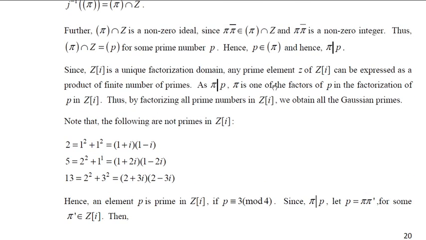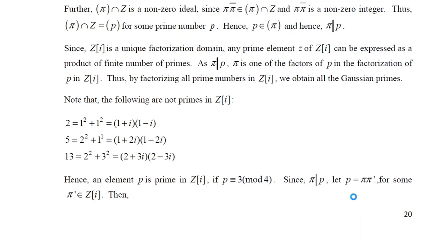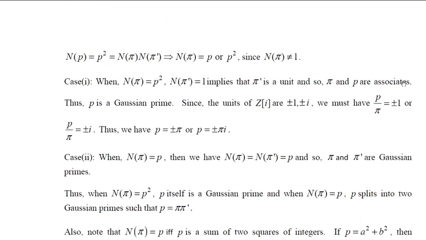Similarly, p is equal to π times π' where π' is a unit. Because of that, π and p are associates. Since π is a Gaussian prime, p has to be a Gaussian prime. So p is a Gaussian prime.